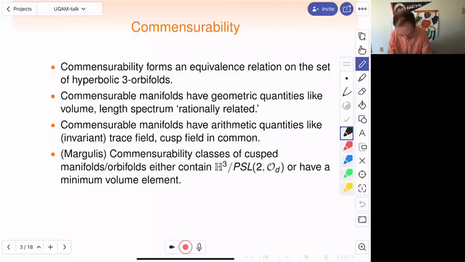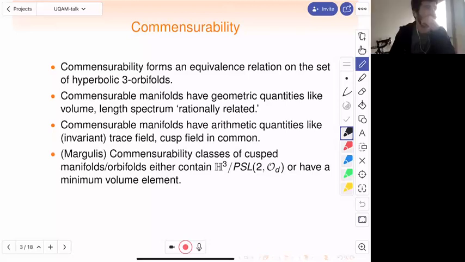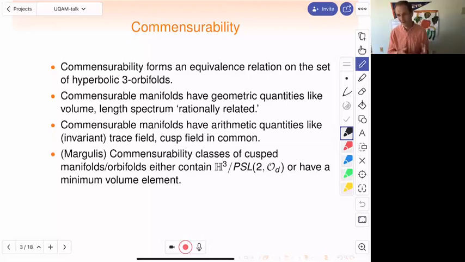Right. So, to abruptly switch back, commensurability classes either have a really nice object in them, H3 mod PSL2 OD, where OD is the ring of integers in a quadratic imaginary field. A great example of this is the figure 8 knot complement.